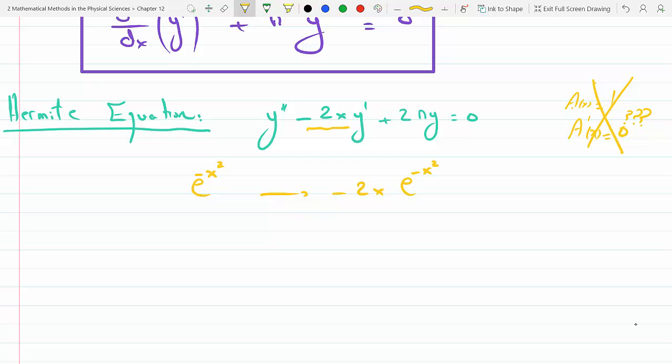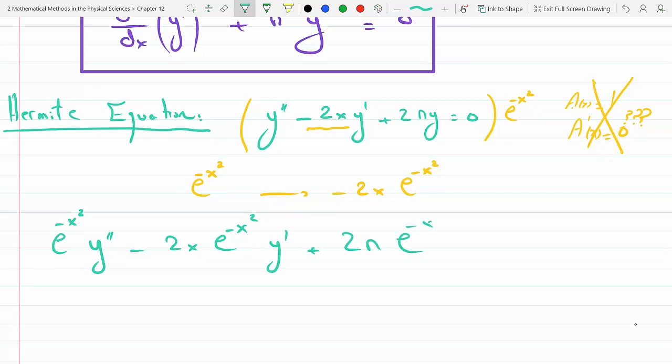So in other words, what I'm gonna do now is multiply this whole equation by e to the minus x squared. Okay, and if I do that, then my equation becomes y double prime times e to the minus x squared minus 2x e to the minus x squared y prime plus 2n e to the minus x squared y equals 0.